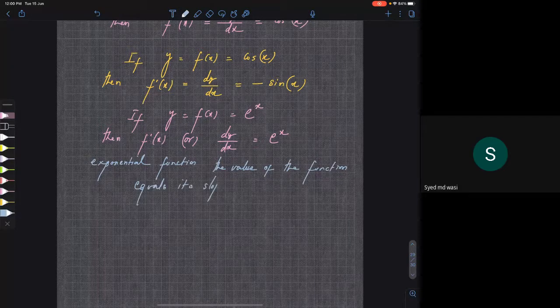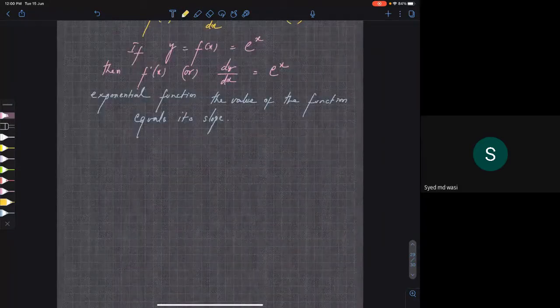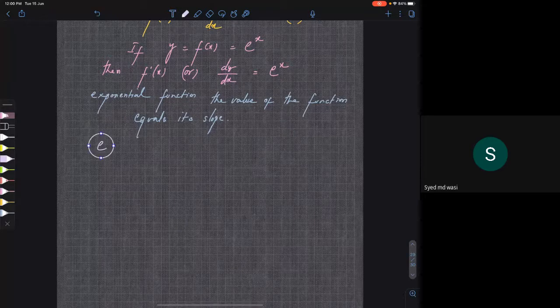Now the thing is, the value of this number e. Let me just write it down. This e is an irrational number. What do you mean by irrational number?